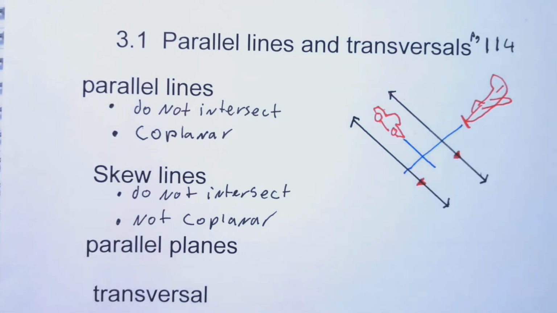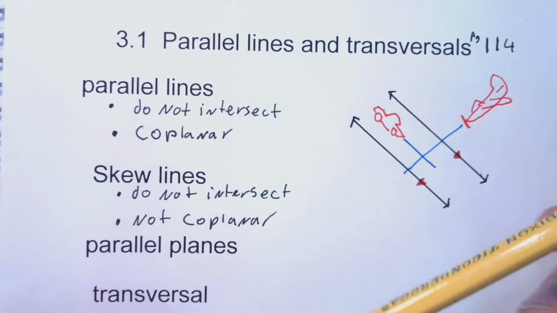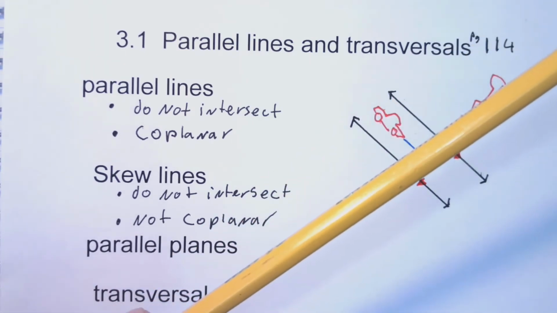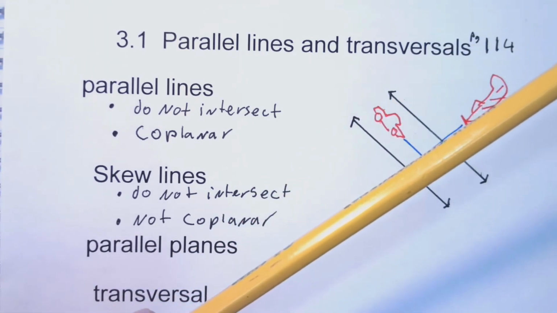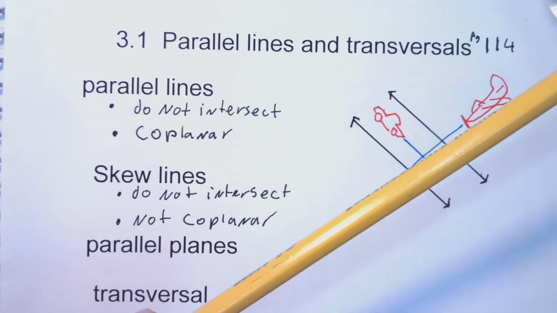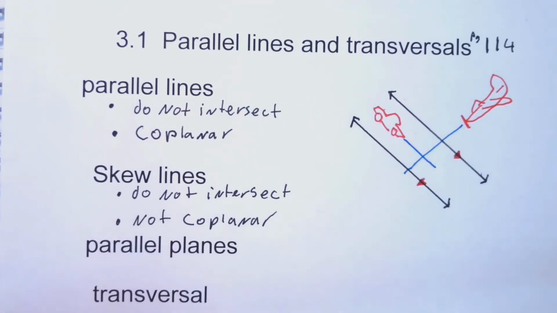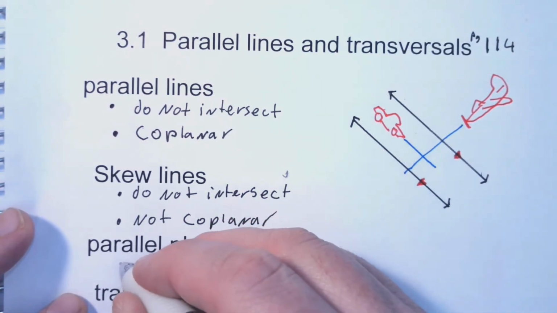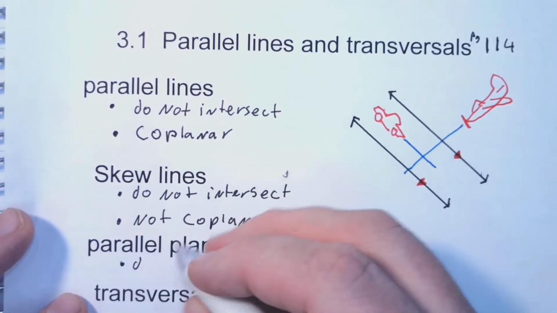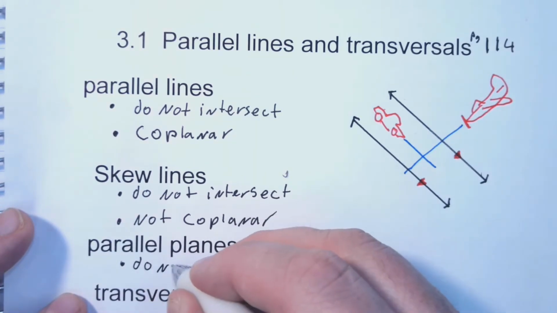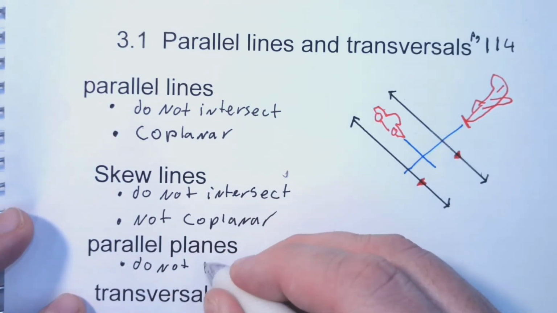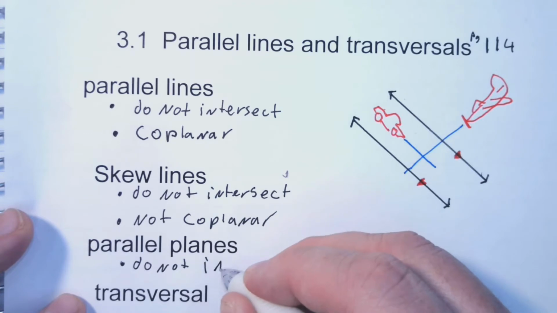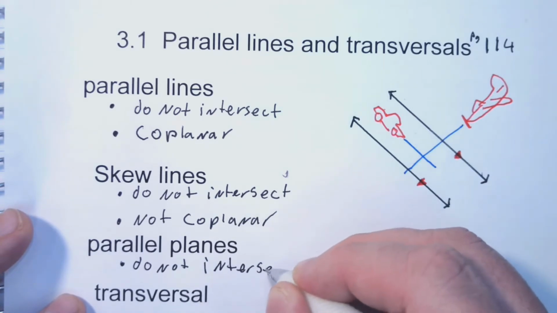So another example is I can have this pencil here, it's like a line. See how the line looks like it's intersecting? But clearly it's not. I can put something below. Parallel planes. Parallel planes do not intersect. And there are planes that don't intersect, right? An example for parallel planes is the ceiling and the floor. Are they ever going to intersect?